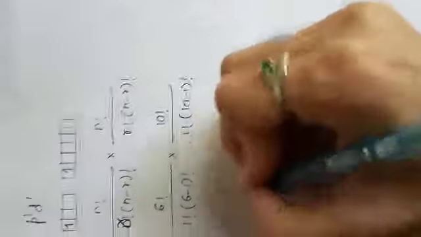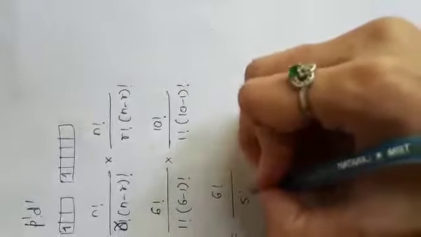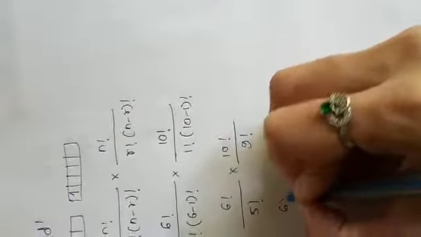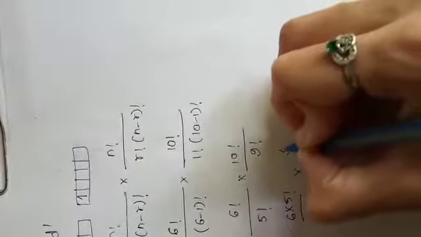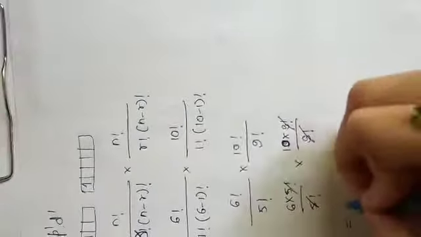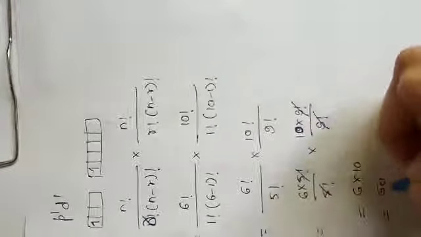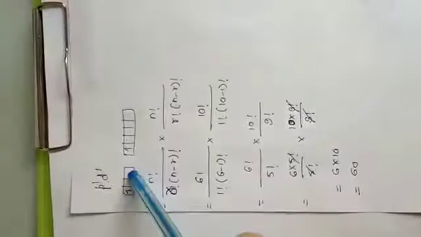So we get 6 factorial divided by 5 factorial into 10 factorial divided by 9 factorial. 6 factorial can be written as 6 into 5 factorial, divided by 5 factorial, into 10 into 9 factorial divided by 9 factorial. The 9 factorials and 5 factorials cancel. 6 into 10 is 60. So 60 microstates, or degeneracy, are possible for P1 D1.